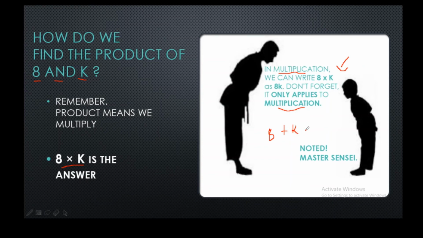So this is wrong. 8 plus k is not 8k. It's only 8 times k. So if I have 5 times a, the answer becomes 5a. 3 times a, the answer becomes 3a. But 3 plus a is 3 plus a, nothing else. So I know you've noted this.